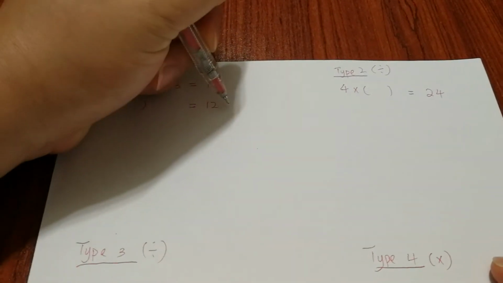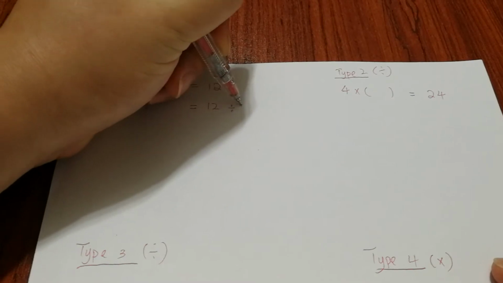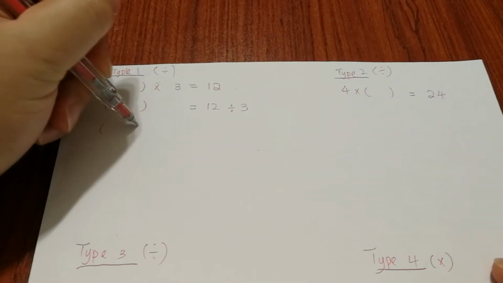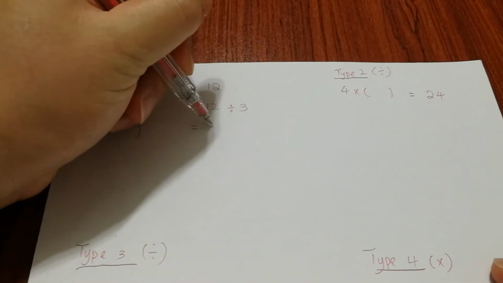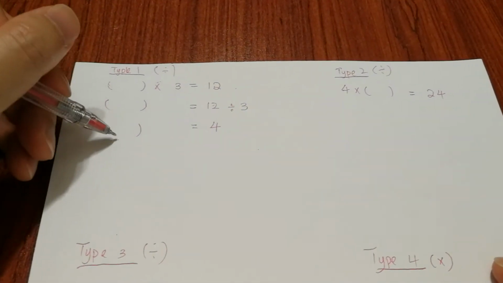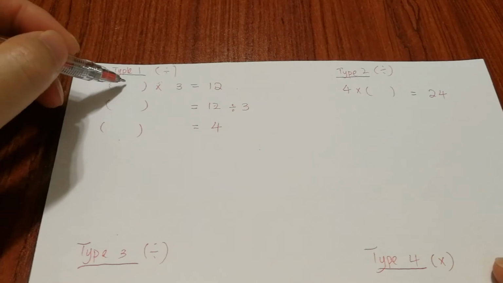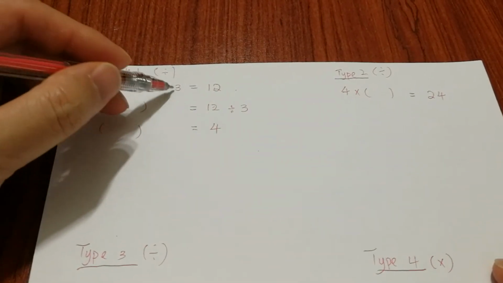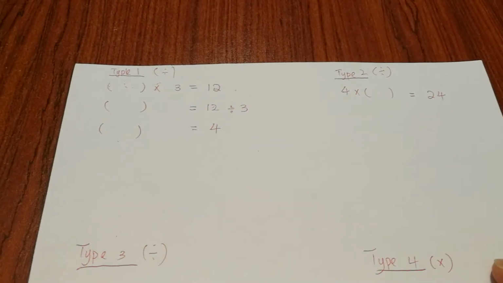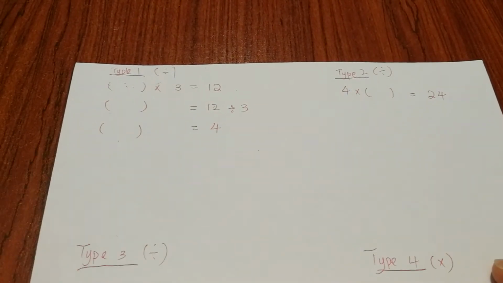Times will become, the opposite is divide 3. So bracket equal 12 divide 3, we get 4. So bracket is actually 4. In fact, if you put the 4 back into the bracket, 4 times 3, isn't it 12? So this bracket is actually 4.